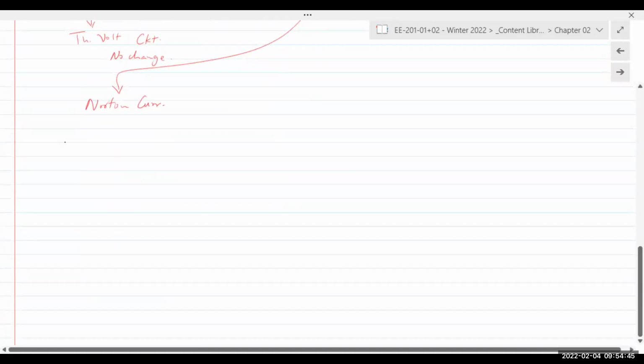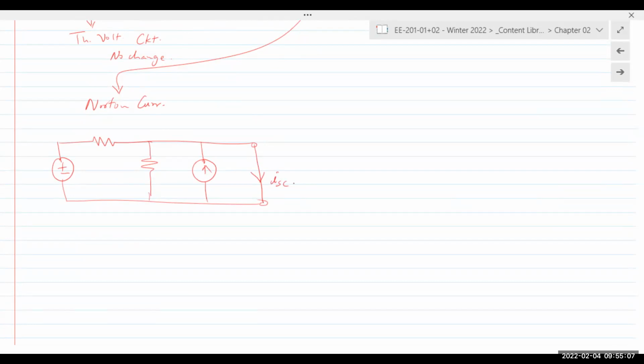And so if we have the output terminals, we simply place a short between the output terminals and you calculate the short circuit current. And that would give us the Norton current ISC.